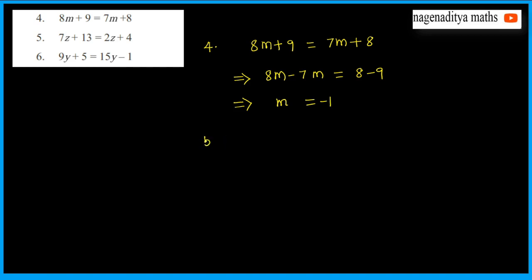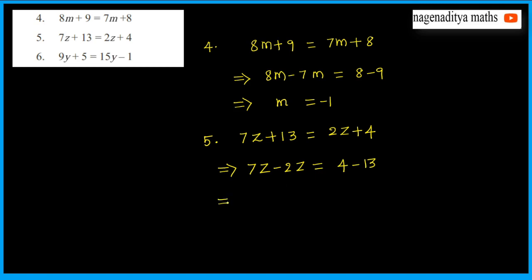Next, fifth one. 7z plus 13 is equal to 2z plus 4. So this implies write the z terms in one side. 7z minus 2z is equal to 4 minus 13.